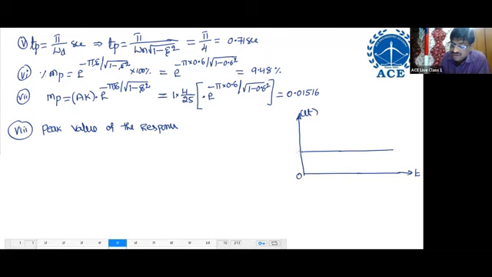This is 0. Steady state value is A K. A K is 4/25, which means 0.16. Now Mp, if we draw the response, we get it like this.